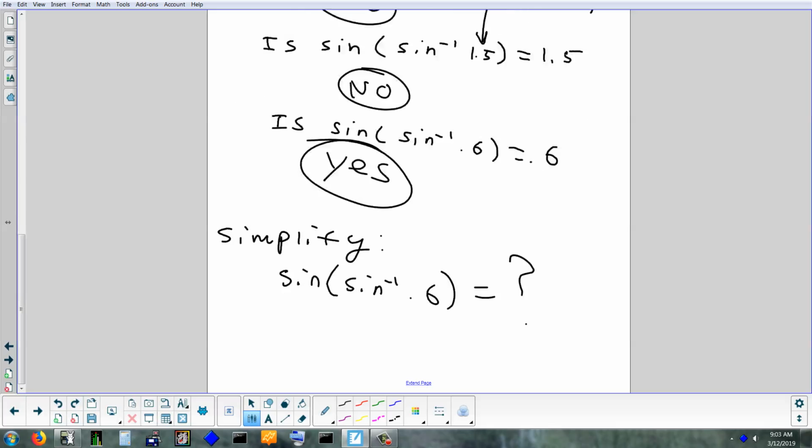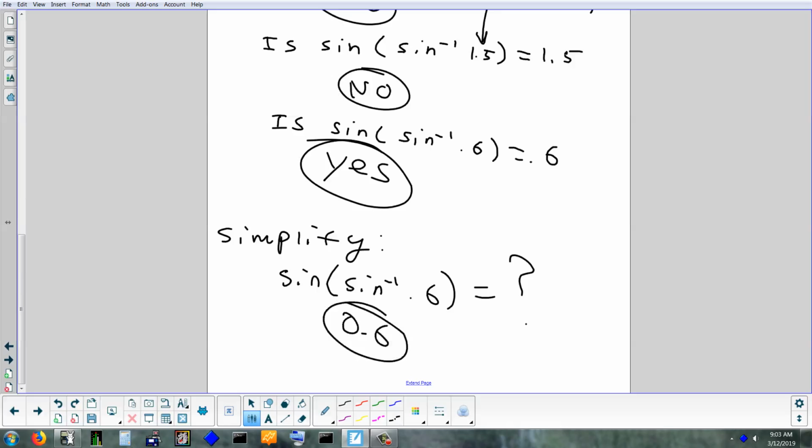Simplify means I want you to write a number for the answer. The simplified is not a yes or no question. So what would be the answer there if you were to simplify that? 0.6, yes. Okay, but that always happens. I put a simplified question on the test and someone will write yes. No, doesn't work that way.